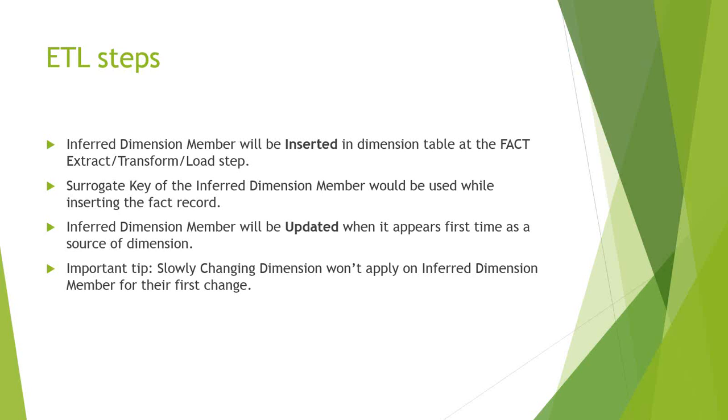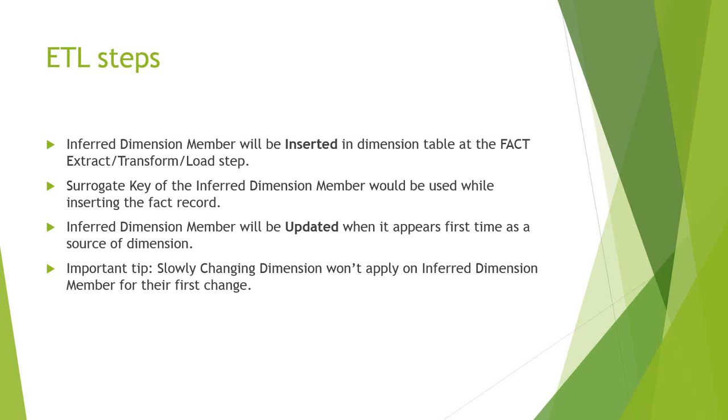Because the only thing that we have for that dimension member is just the business key, all other attributes will be null, and in that case we will create that dimension member in the dimension, and we will assign a surrogate key to that, and then we will use that surrogate key in creating the fact table record.